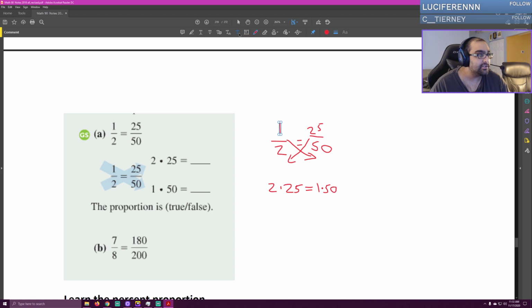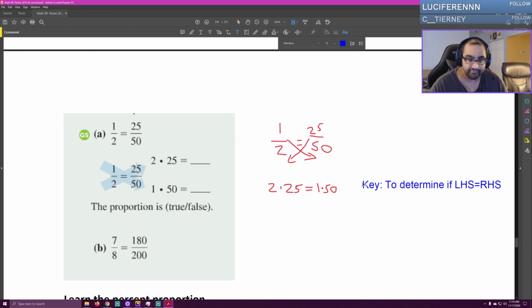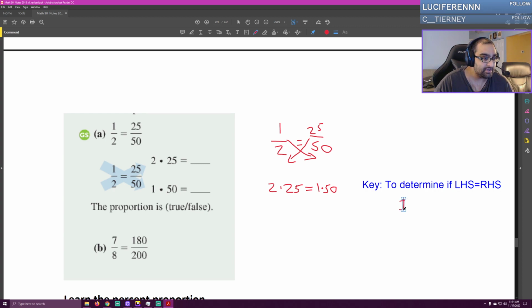And the key here to these problems, if we want to find out equivalency, is to determine if the left-hand side equals the right-hand side. If the left-hand side is equal to the right-hand side, then we're solid gold and we're good. If not, oh well, it is what it is. So if it's equal, then true.